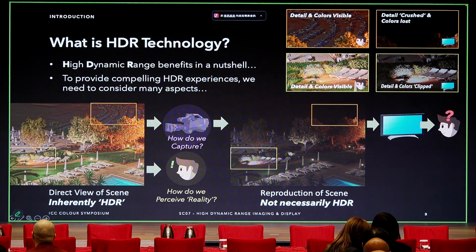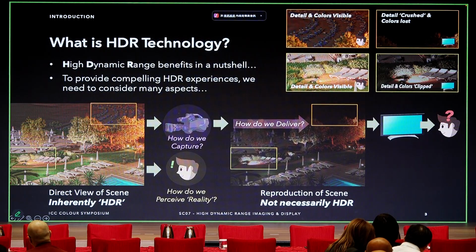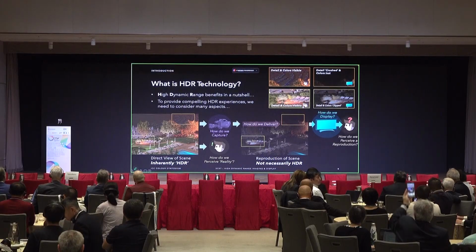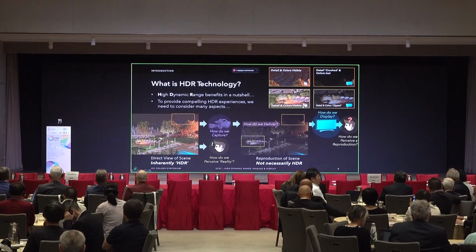Here I used a very old camera, but obviously today this is smartphones and many other cameras that we have readily available. The next step is then, after we capture it, how do we deliver it somewhere else so that it may be consumed by someone? And how do we then display that? What can our display do? How do we address the display, etc.? And finally, how do we perceive the reproduction?